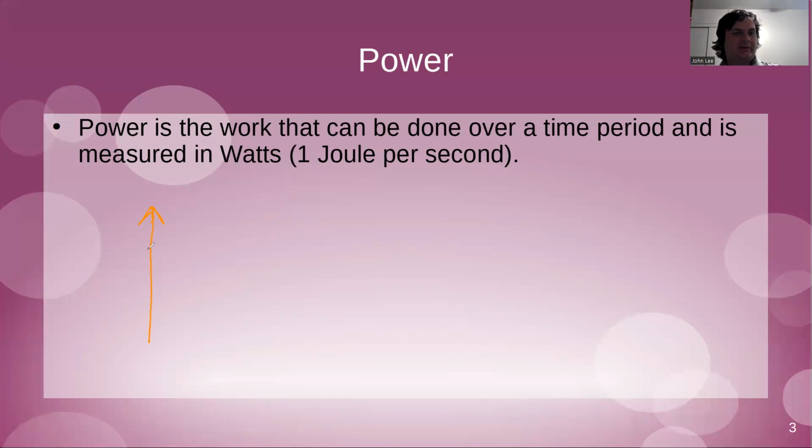It's just going to be some quantity that depends on how high up you are.